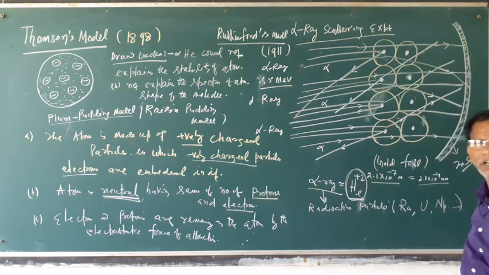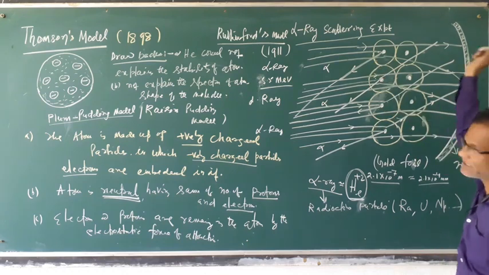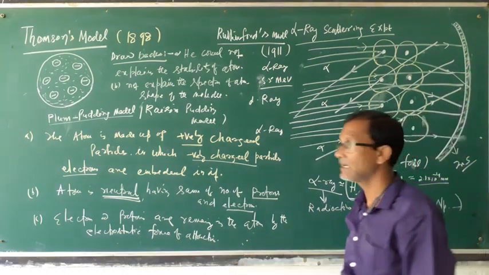There is no change in the direction. That's why few rays pass straight.